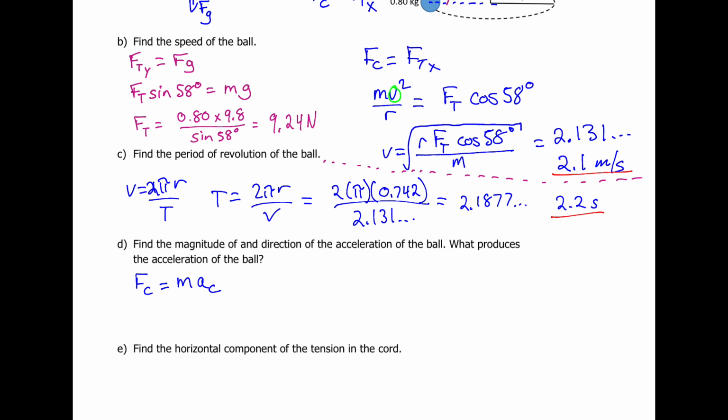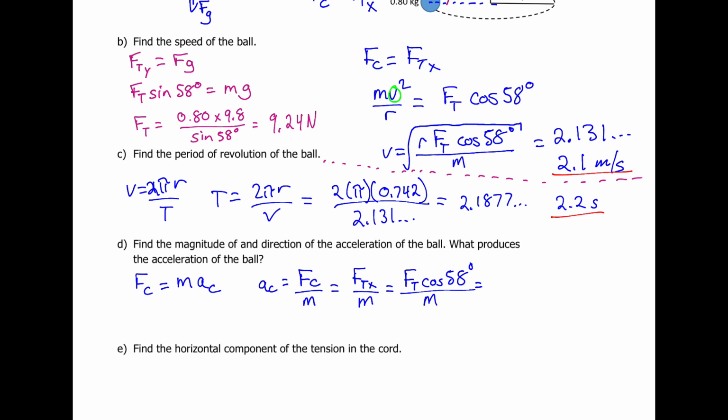And we know that FTX equals MAC. So we're going to rearrange this for AC. That is equal to FC over M, which is FTX over M, which is FT cosine of 58 over M.